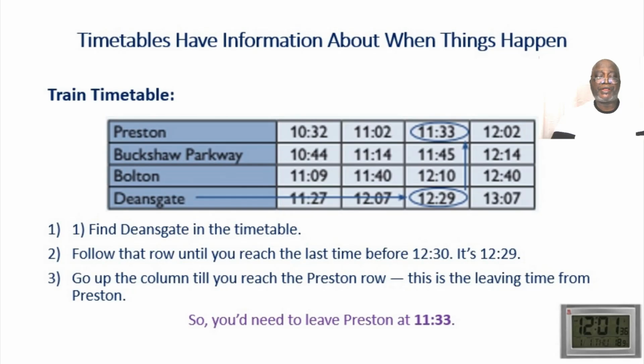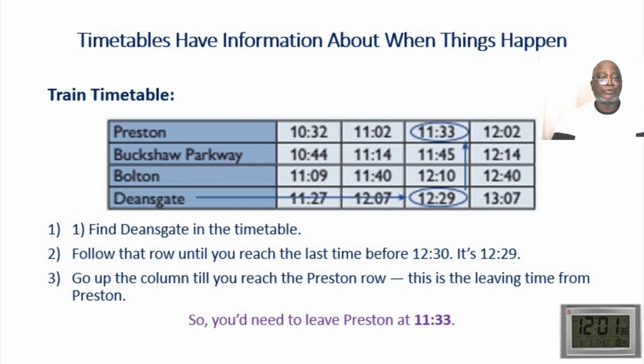You have 10:32 for Preston, 11:02, 11:33 and 12:02. And then at the bottom there you see Deansgate. It's 11:27, 12:07, and then the one circled, 12:29, and then 13:07.